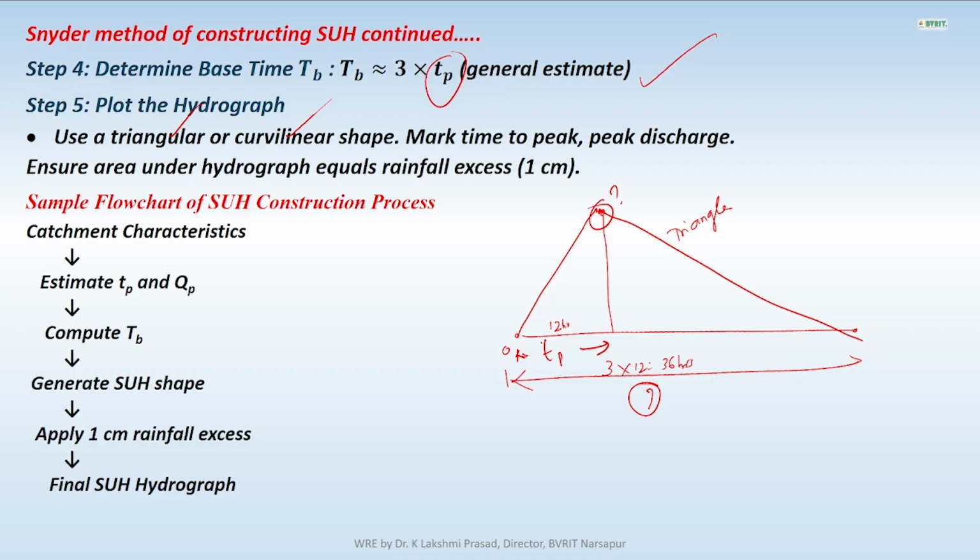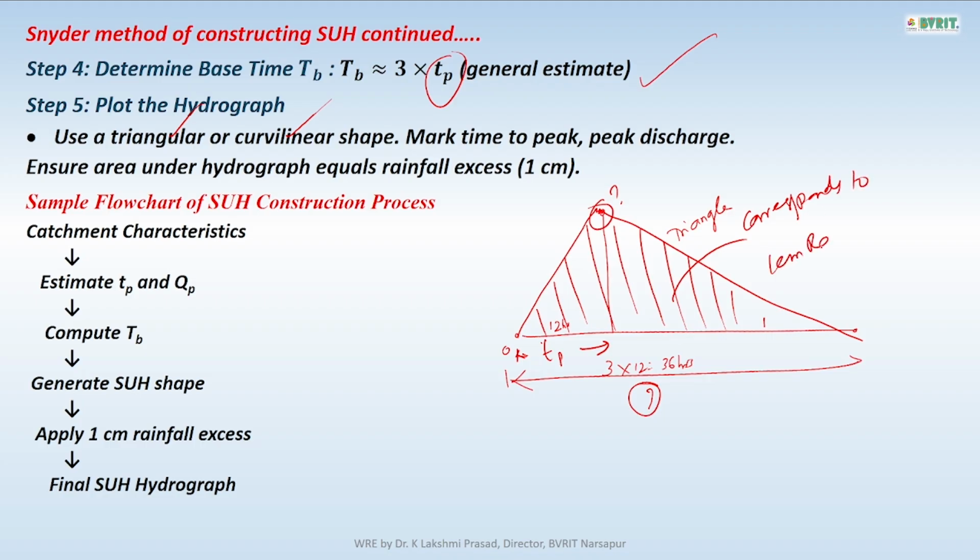Now, how do we find out whether it is right or wrong? The area under this must correspond to 1 centimeter of rainfall excess. So 0.36 into sigma O into T divided by A is equal to 1 centimeter.